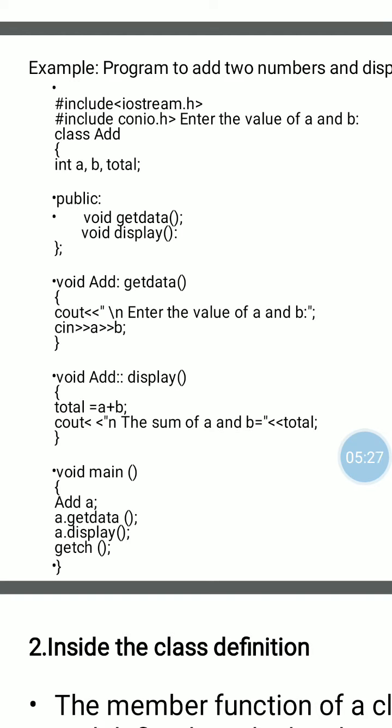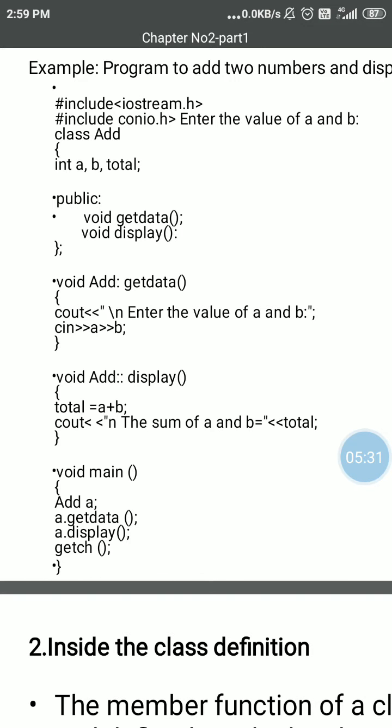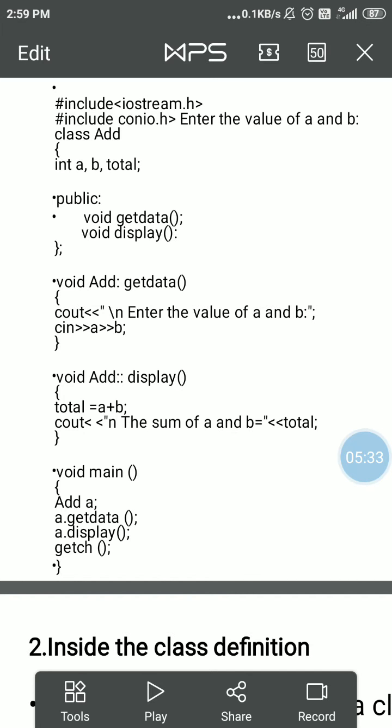The important thing is that the getdata function and display function are both declared in the public section of the class. So we directly use them outside the class. But a, b and total, all these three variables are by default private. So we can't access these private members directly outside the class.